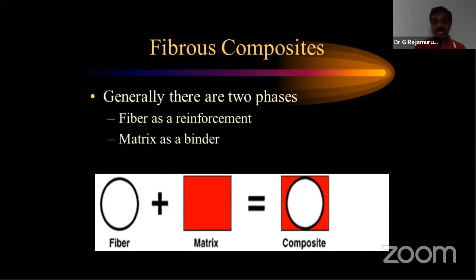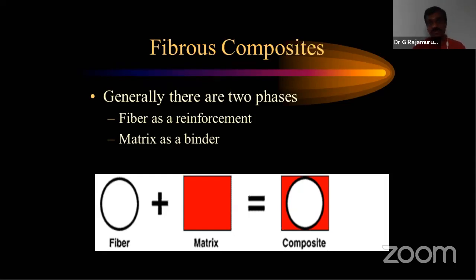So when you add these three, the matrix is nothing but a bonding agent. In fiber matrix composites, the matrix is most probably a resin, because the percentage of resin is more than the fiber. That's why it is called a resin. The resin will act as a matrix. Whereas in metal matrix composite, if you want to fabricate aluminum matrix composite, aluminum plays the major role.